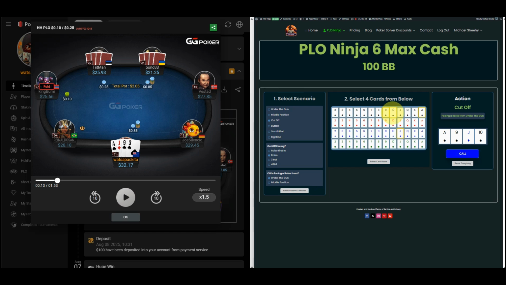And where do we 3-bet? I would suspect that if that is a 10 of diamonds, we are 3-betting. So that's a pretty cool feature of PLO Ninja. Just play around with the ranges, see where the cutoff points are as to 3-betting, folding or calling.